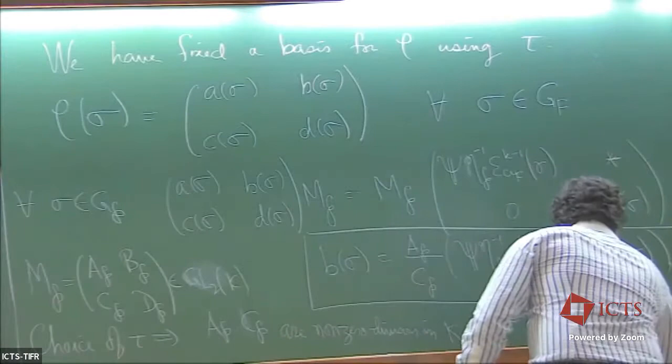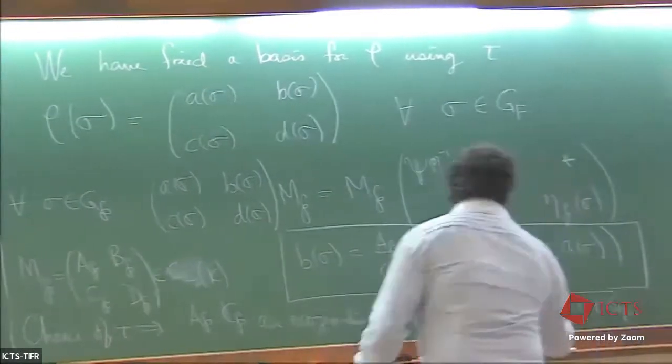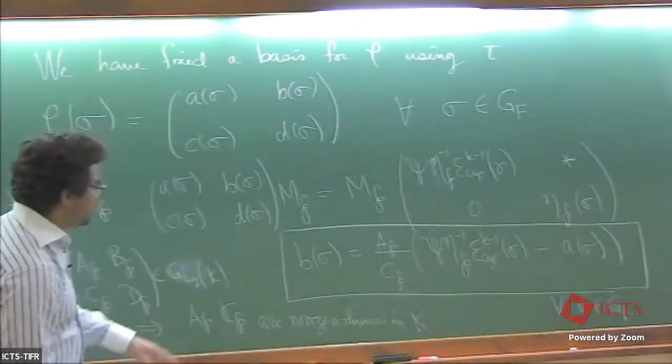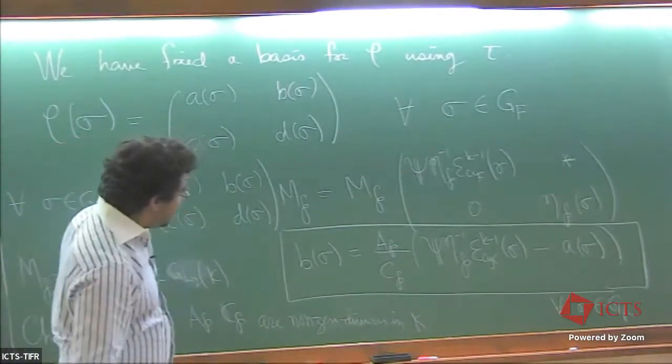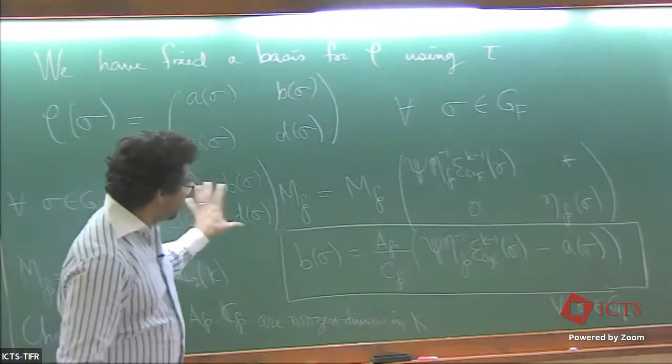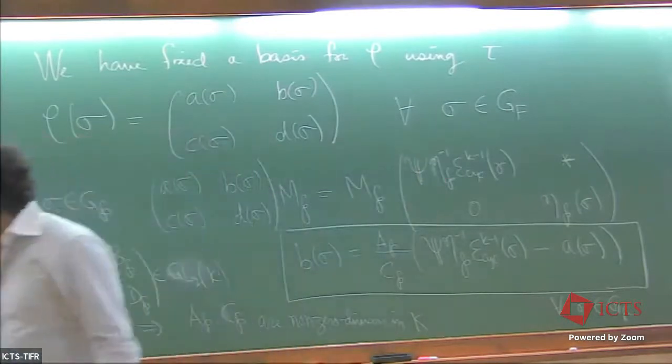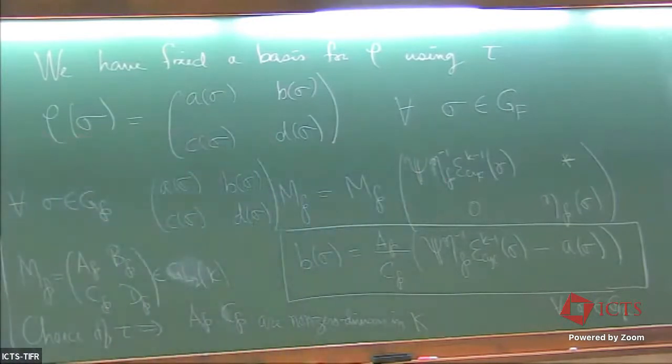This is for all sigma in G_P, and you get this just by comparing the upper left hand entry of this product and that product, and manipulating it a little bit. All right, so that will be useful later on. But now let's go on to see how we get a cohomology class.